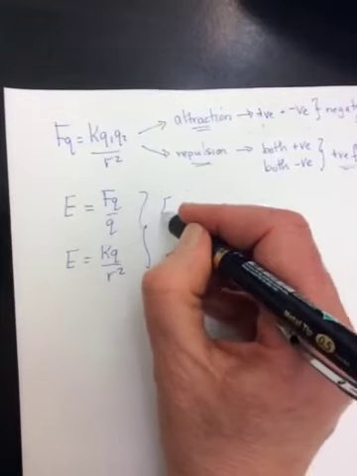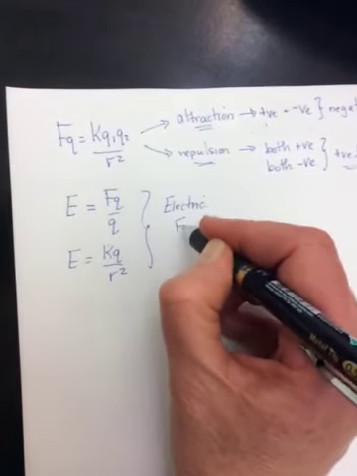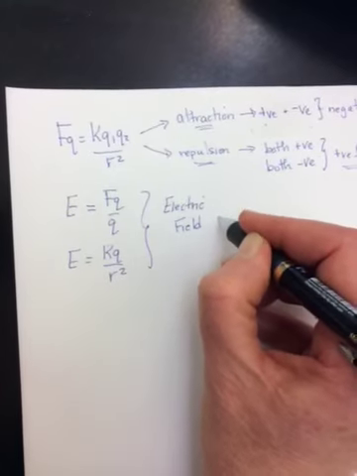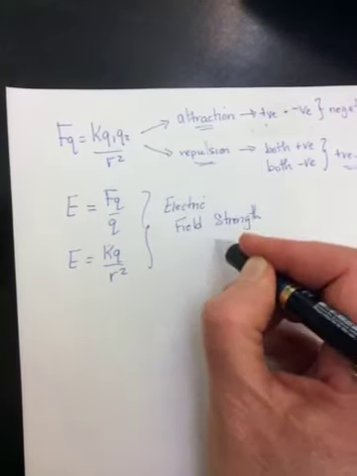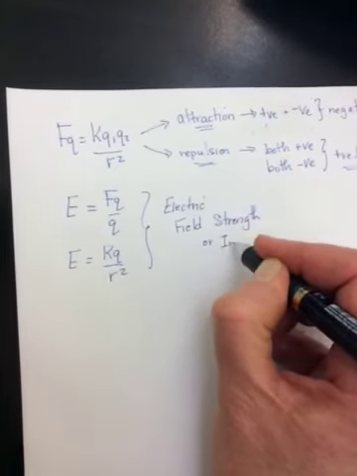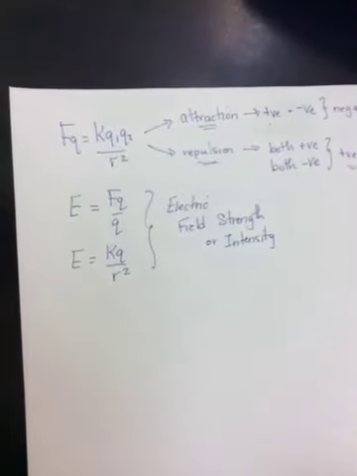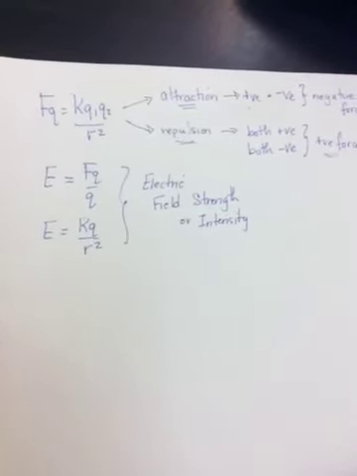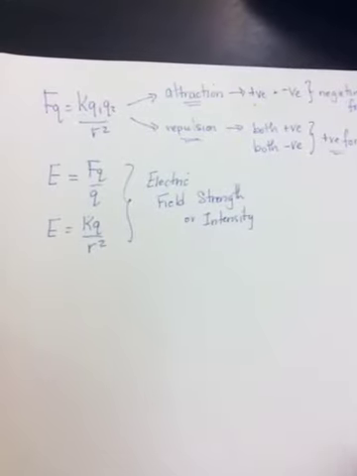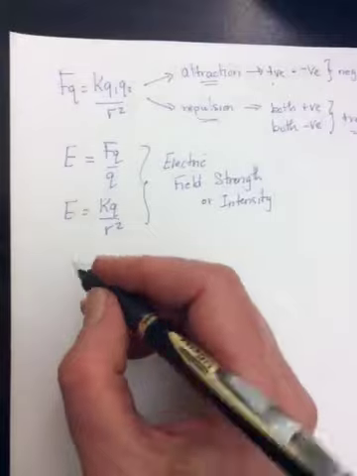So this is the electric field strength, or sometimes called the electric field intensity. Okay, it is a vector. It has a direction. We talked about how the direction is defined as the direction of the force that would be exerted on a positive test charge if placed at that point in the field.